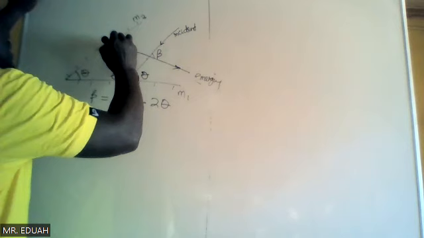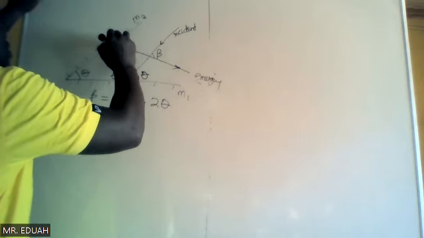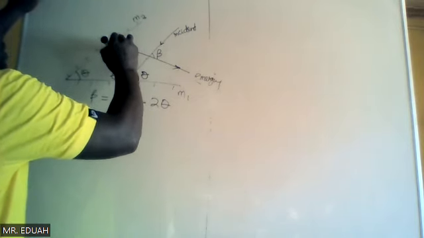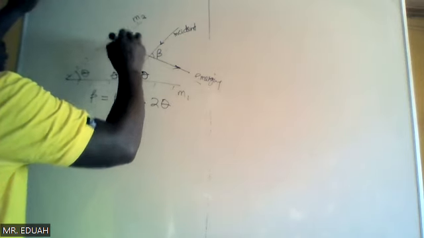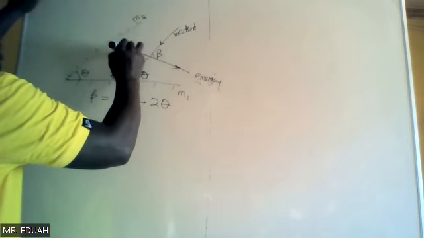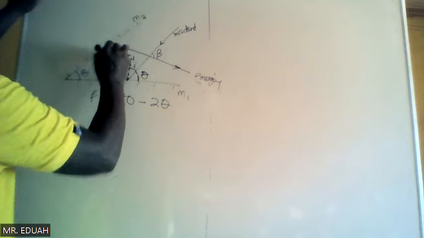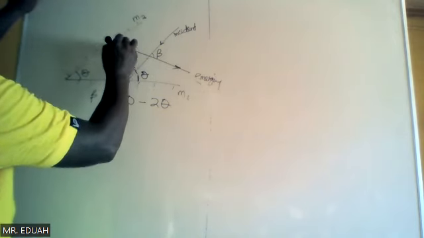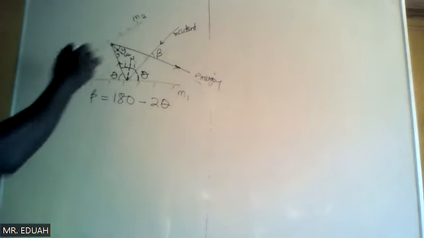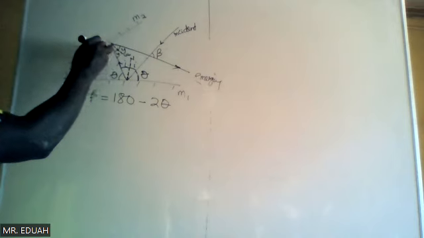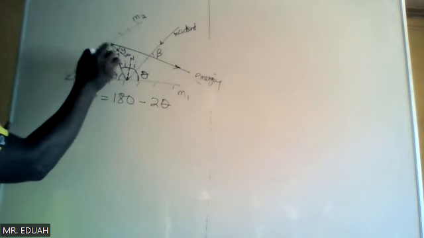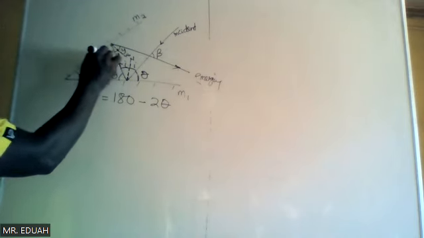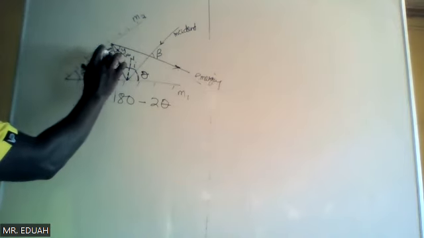Once this is incident and reflected, when I draw a normal N2, this is maybe y, this will also be y. So that this is 90 minus y.